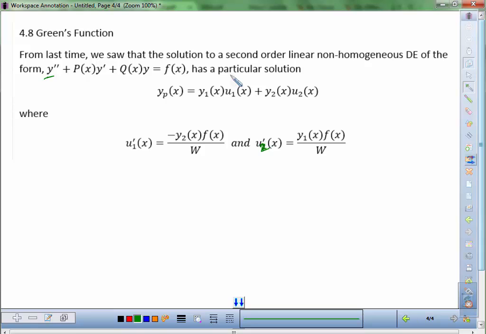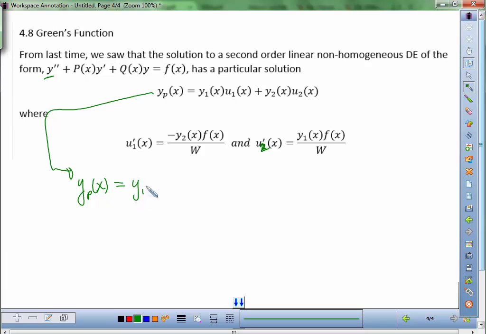So we would integrate this, and let me string it up from here where the particular solution you're looking for is going to be y1 of x. And now I need to integrate the u1 prime.